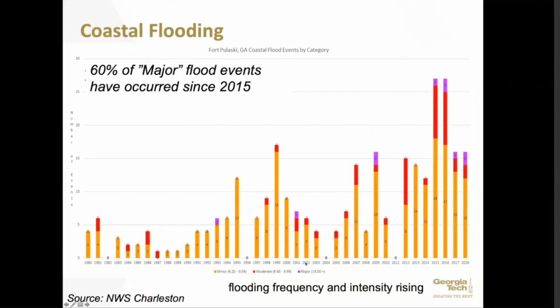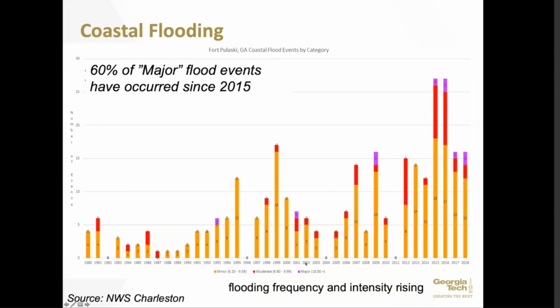So looking at major flood events, which are defined as far as the height of the flooding goes, over the last 4 decades, what you can see is that while there are significant fluctuations from year to year, in the last 10 years or so, there have been considerably more minor, moderate, and major flooding events than there had been in the previous 30 or so years.